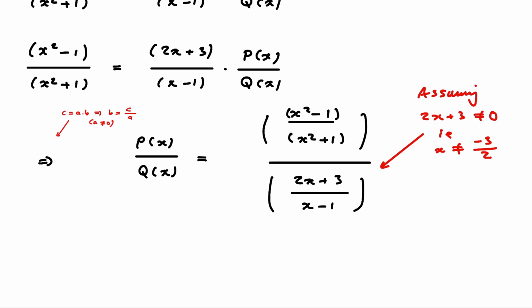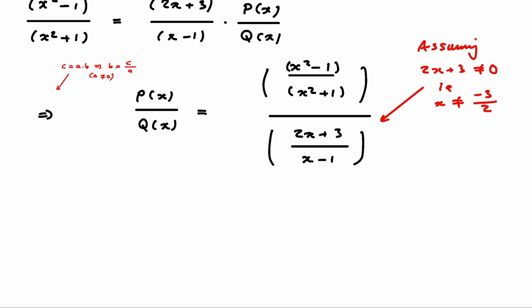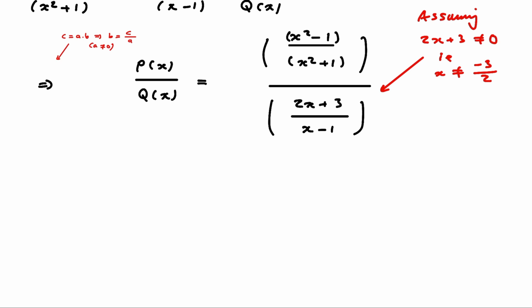Okay, so next what? Well, what do I know about the ratio of fractions? If I have fractions, the numerator here goes to the denominator at the top, and the denominator goes to the numerator on the top.